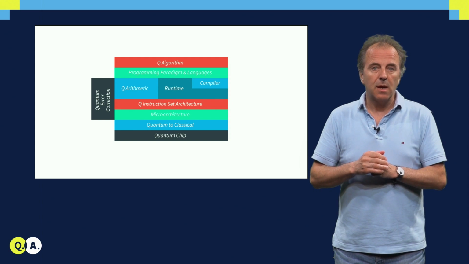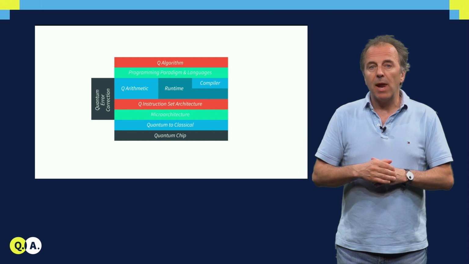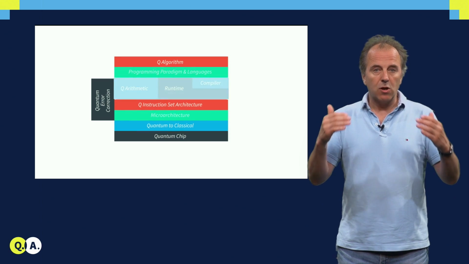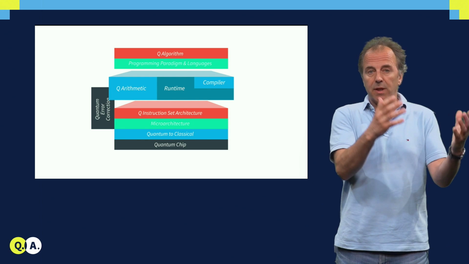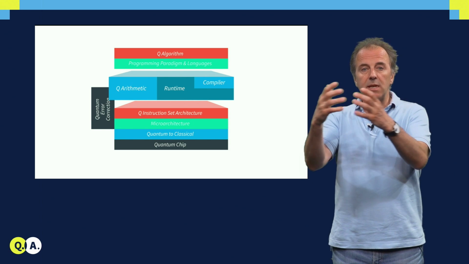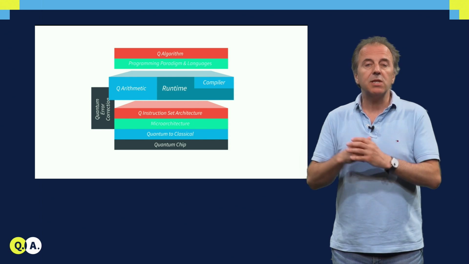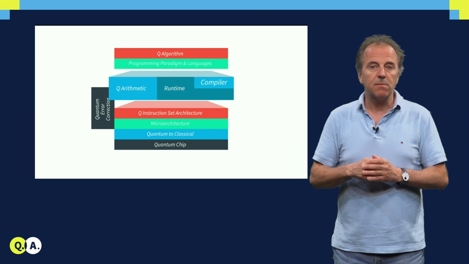For every programming language, we need a compiler. A compiler takes the input of your algorithmic logic and compiles it into a lower level language that is classically called an assembly language.